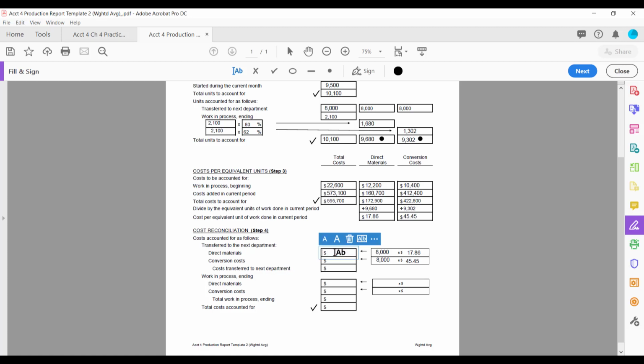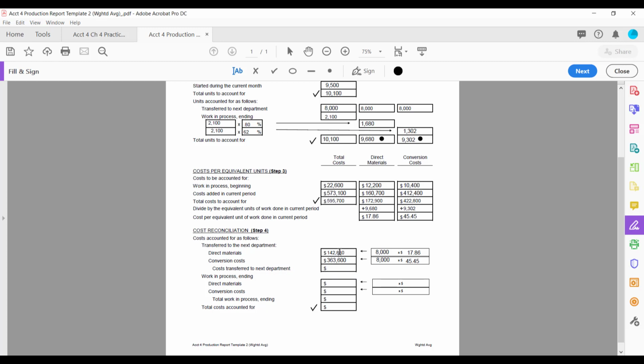So when you take 8,000 times 17.86, that comes out to $142,880. And those same 8,000 units cost us about $45.45 per unit in terms of conversion costs. So in total, those 8,000 units cost us about $363,600 to complete with respect to conversion costs.